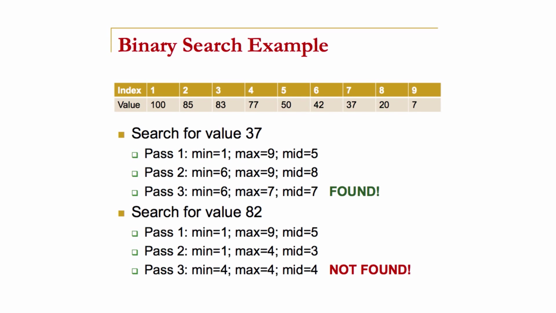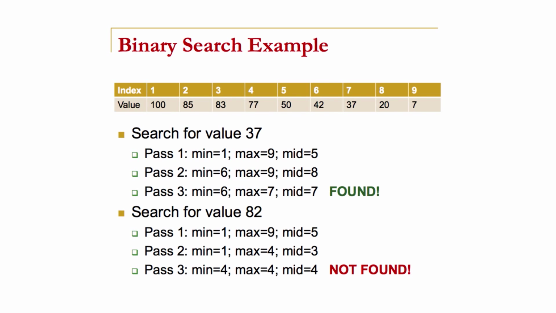In a binary search, we want to be able to cut in half each search space each time we go through as a pass. There's two examples here. Assume we're searching for the value 37. The minimum index is 1, and on the first pass the maximum index is 9, because we're searching initially through the whole list.